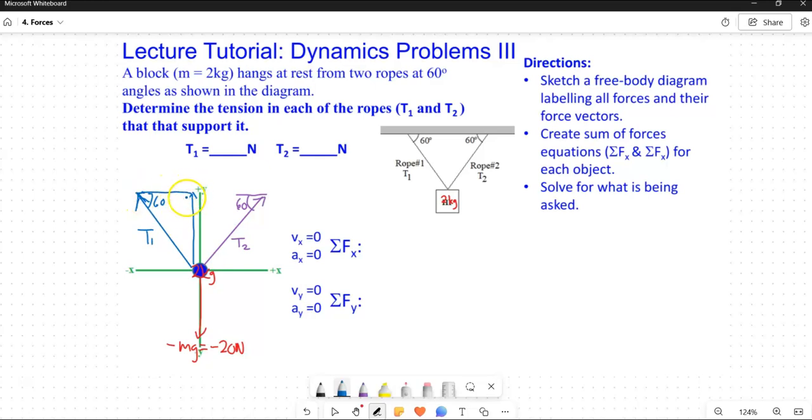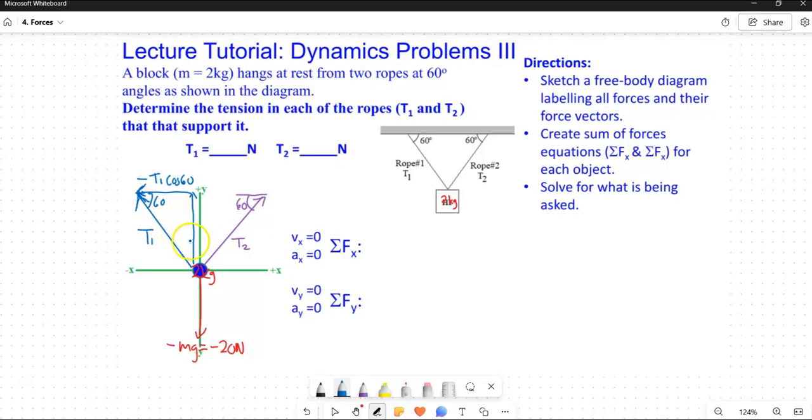So that hypotenuse is pulling up and to the left. Now that 60-degree angle is touching the horizontal part, so that is going to be the hypotenuse times cosine of 60 degrees, and that is pointing to the left.